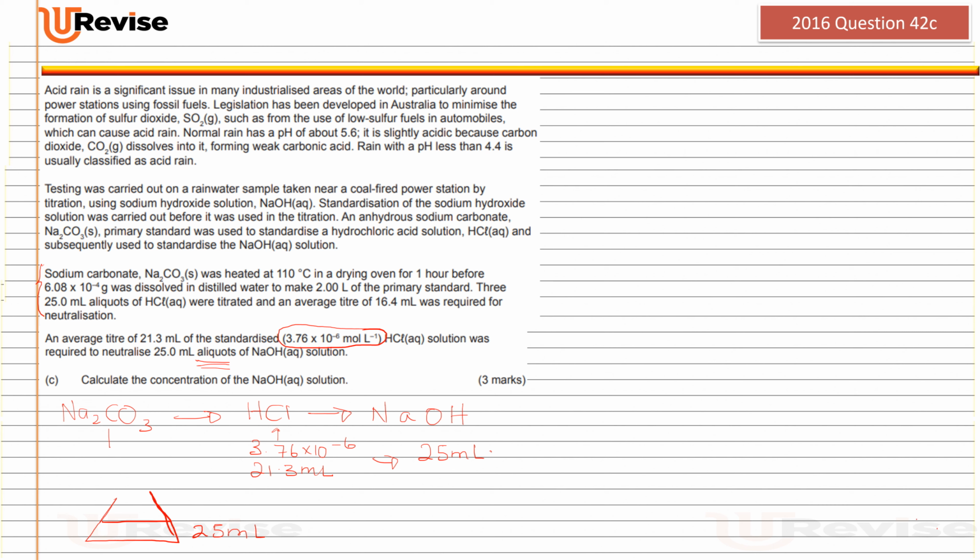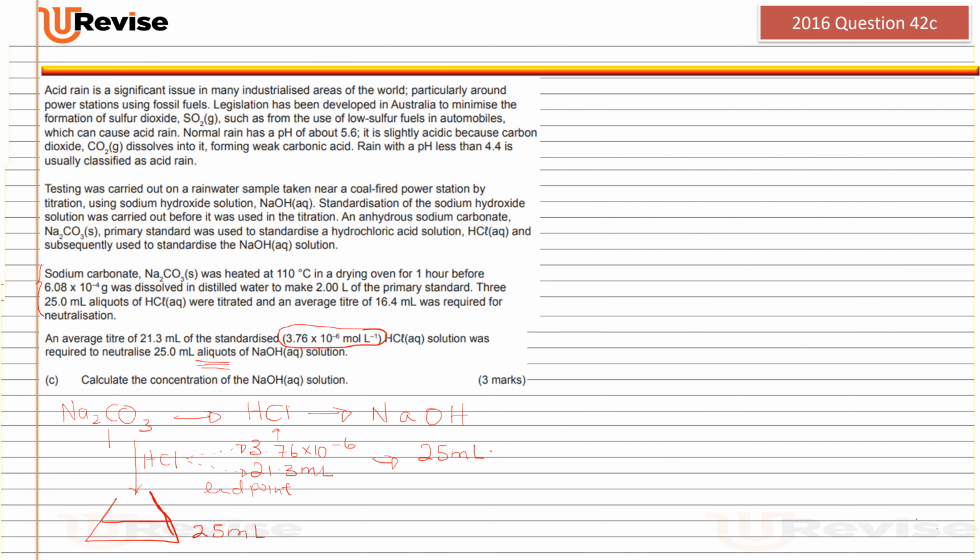And you started delivering HCl into this conical flask. The HCl we were using has a concentration of 3.76, and the volume that was delivered to get to the end point of this titration procedure was 21.3.